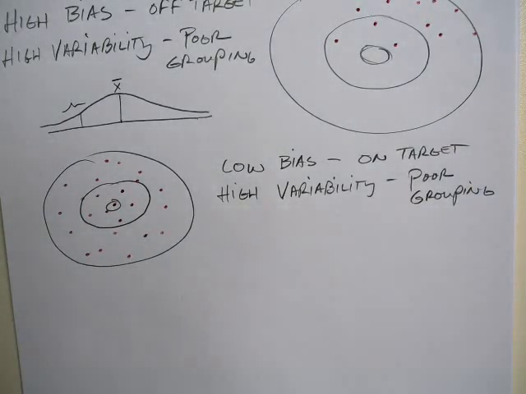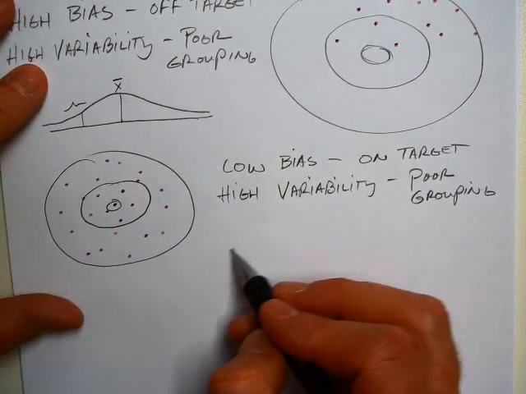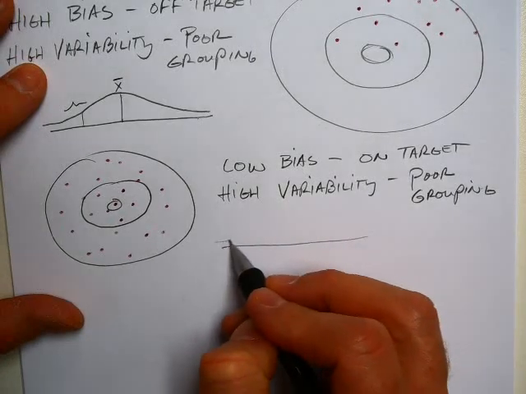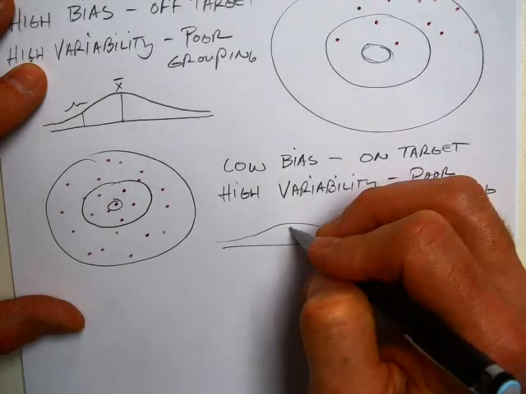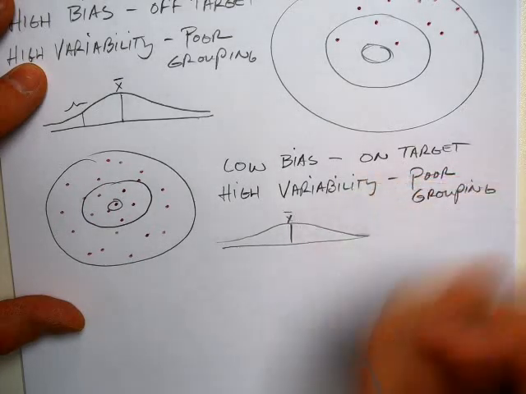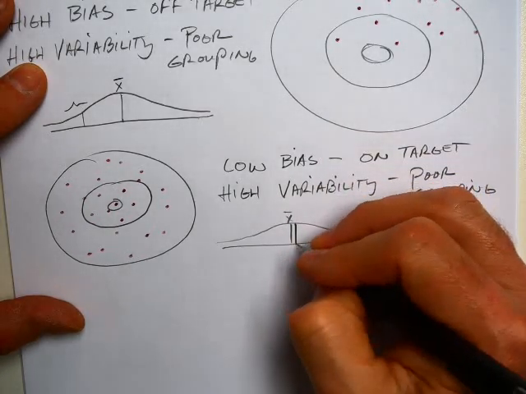So this would be an example where my question was good, perhaps, but maybe I didn't ask enough people. In this case, my curve would be very low, and my x-bar and my mu might be pretty close to one another.